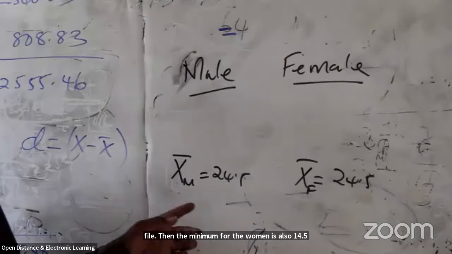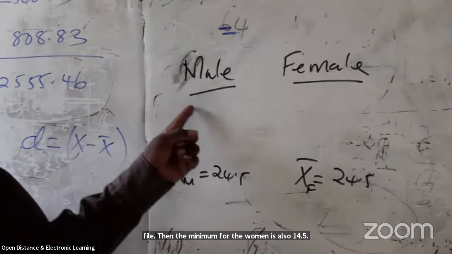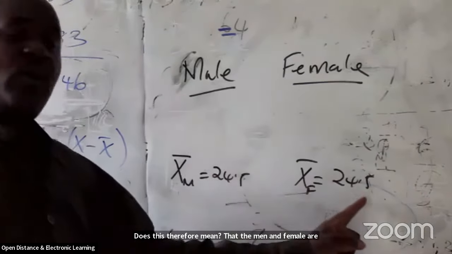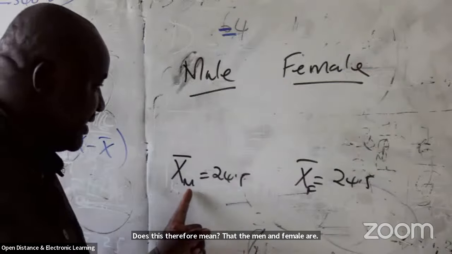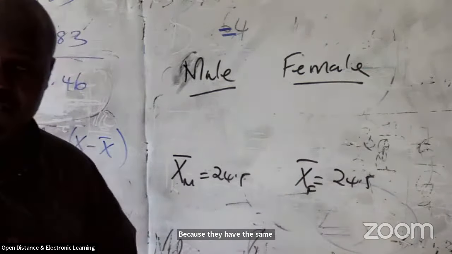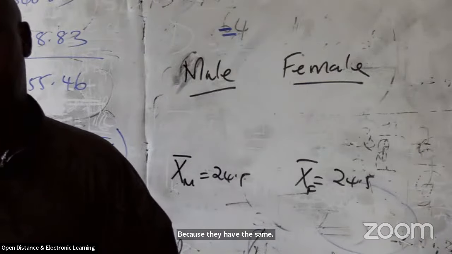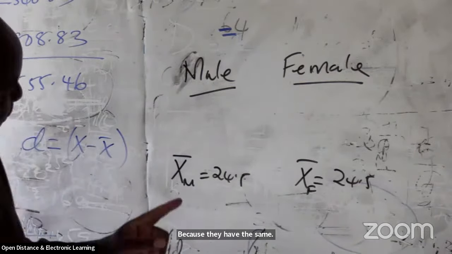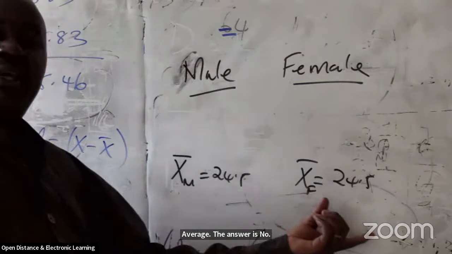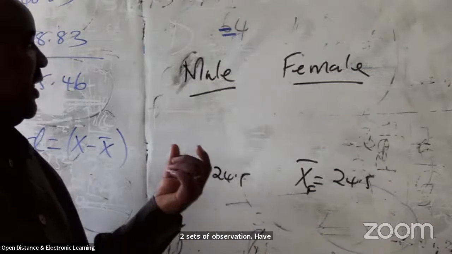Does this therefore mean that the male and female are equal because they have the same average? The answer is no. If two sets of observations have the same mean, it doesn't always follow that they are the same.